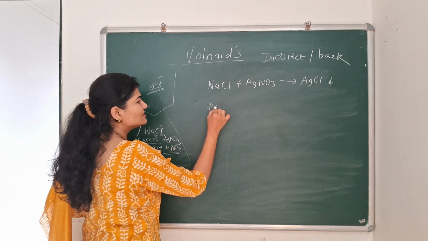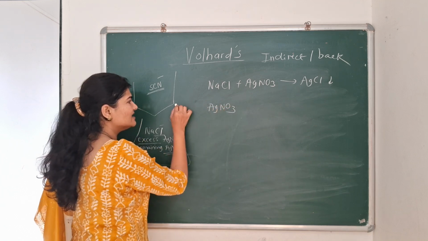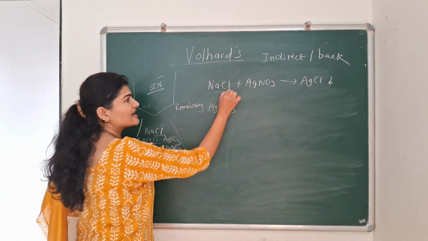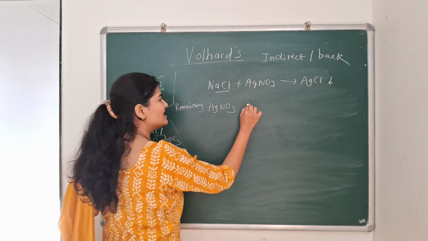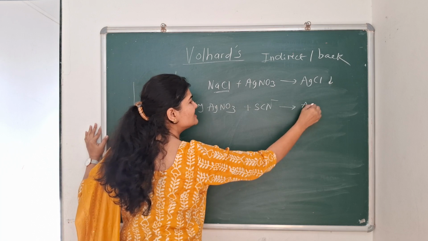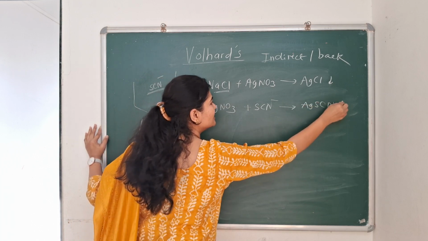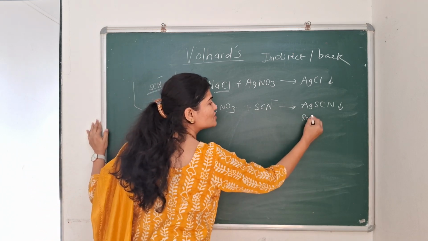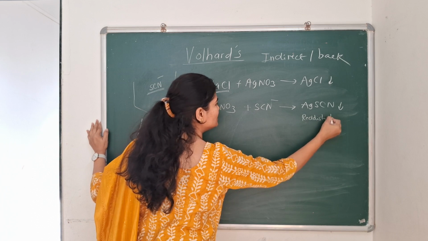So how will the reaction take place? This remaining AgNO3, after complete reaction with analyte, now reacts with thiocyanate solution to give me silver thiocyanate PPT. Now this silver thiocyanate PPT is also reddish brown in color.